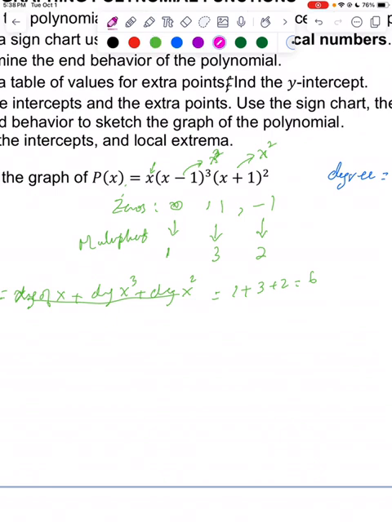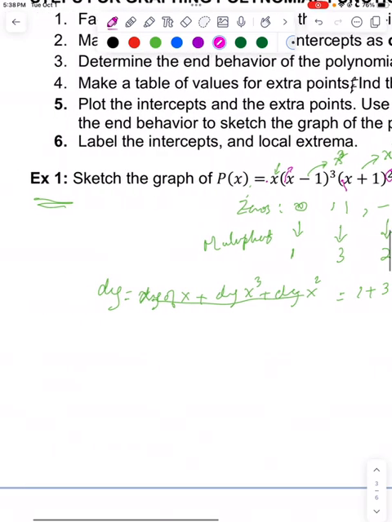From here also 1 squared is 1, and from here 1 is just 1. So multiplying them, we get 1. So in this case, the lead term will be 1 times x to the 6. And remember, that tells you the end behavior, so we need that.